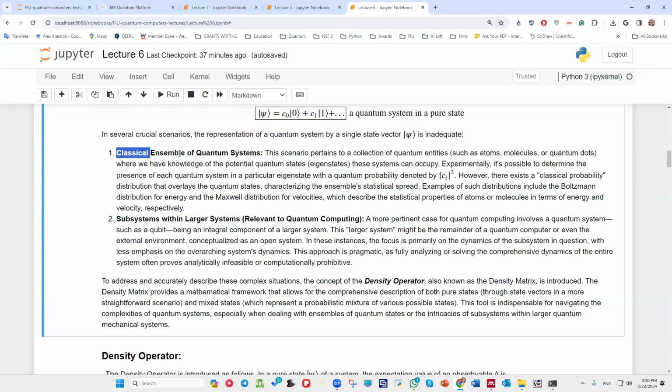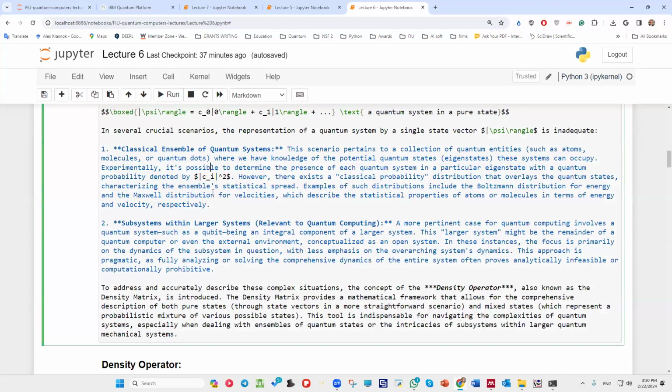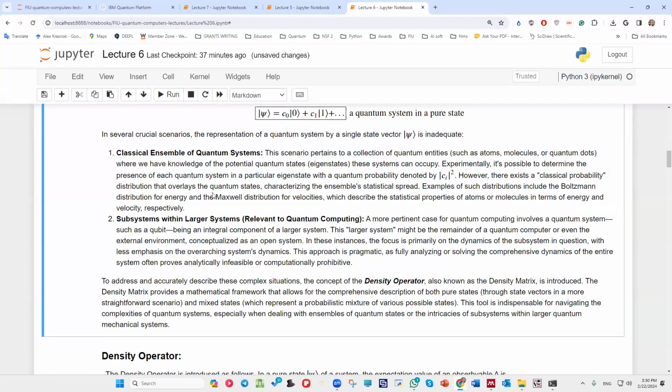One example is a classical ensemble of quantum systems. Let's suppose you have an atom, right? As we discussed, an atom can be described by an expression like this. For example, the hydrogen atom can be given by this s orbital state, then p orbital state, and so on, d orbital state.